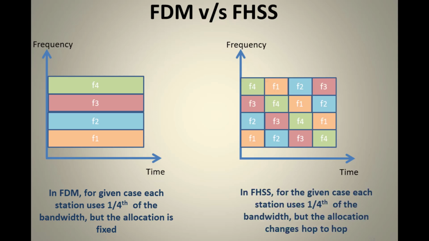So in FHSS, each station utilizes 1/4 of the bandwidth, but the allocation is not fixed. At the bottom row, channel 1 transmits the signal with frequency F1 for a particular time, then hops to F2, then F3, then F4. So allocation is not fixed.